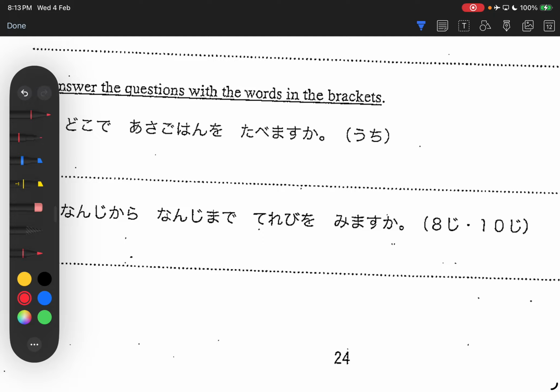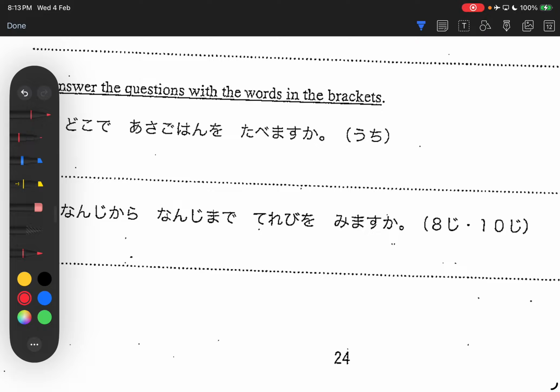It makes no sense if I say 8時まで10時に. That would mean until 8 p.m. at 10 o'clock. I study until 8 p.m. at 10 p.m. Does it make sense? Ni is at 10 p.m., made is until.